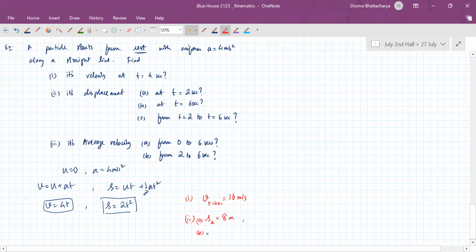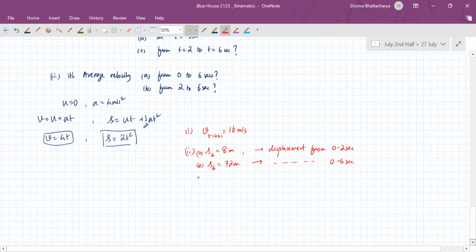The displacement at 6 seconds will become 72 meters. By this, we mean the displacement from 0 to 2 seconds, and this one is the displacement from 0 to 6 seconds.